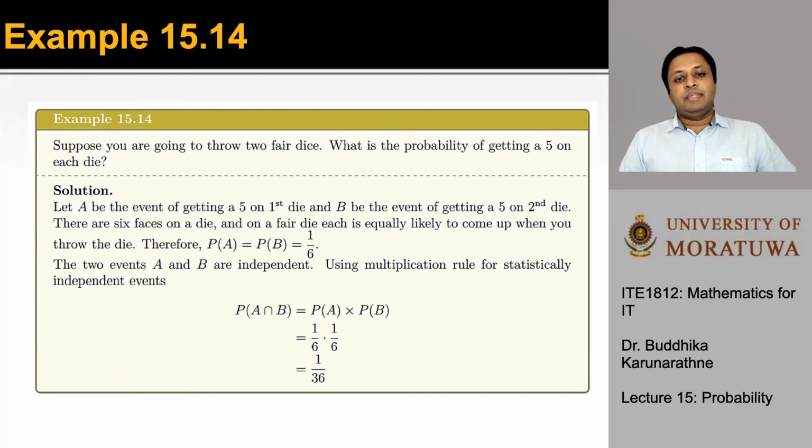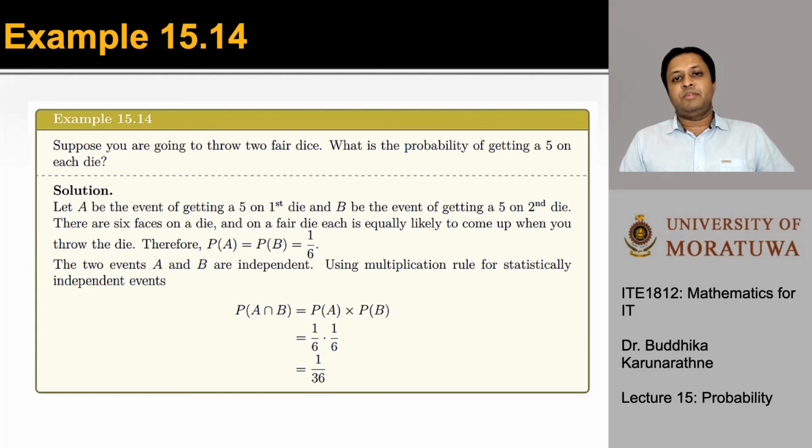The two events, A and B, are independent, so using the multiplication rule for statistically independent events, P(A intersection B) equals P(A) times P(B), which is 1 over 6 times 1 over 6.